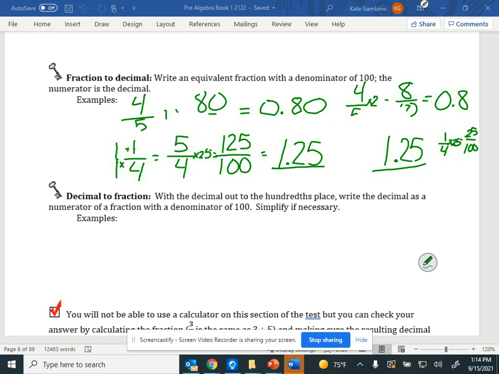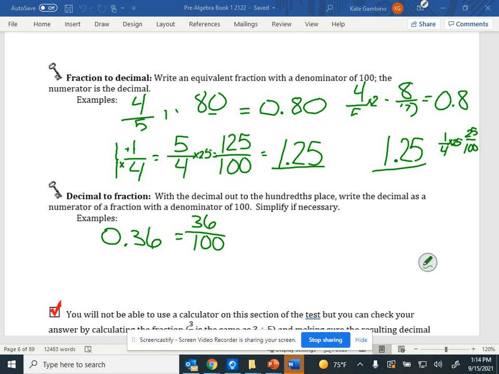Yep. All right, so decimal to fraction. With the decimal out to the hundredths place, write the decimal as a numerator of a fraction with a denominator of 100. Simplify if necessary. So if we have a decimal of 36 hundredths, we're going to put that 36 as the numerator. And we said hundredths, so it's over 100.